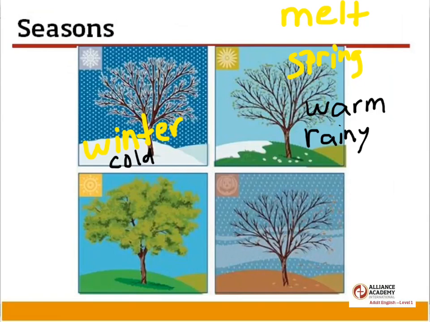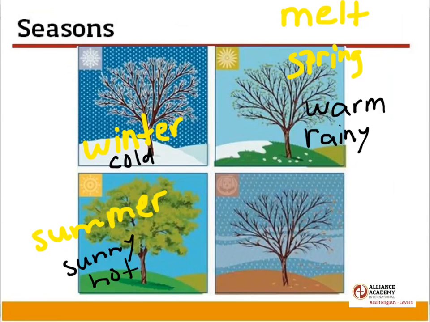and then we move into the summer. And words that you will want to know for the summer would be sunny and hot. And then finally, when all the leaves fall off the tree, we have the season fall.